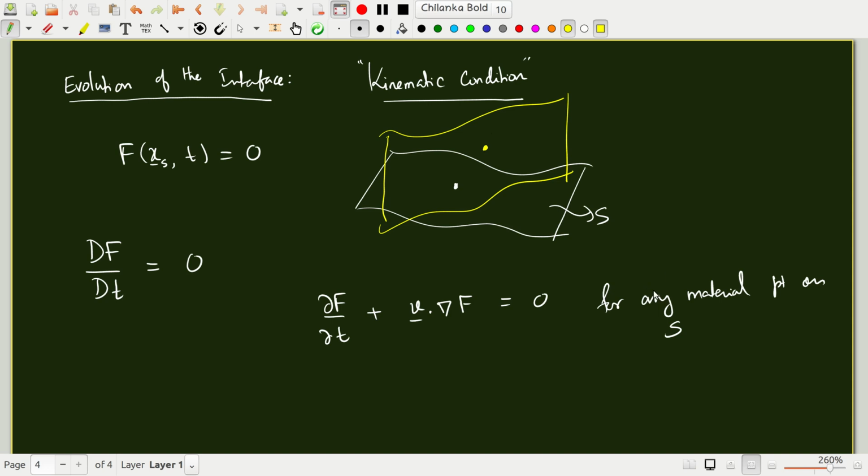And so for any material point on the interface, the substantial derivative of f is 0, or it just means that if you expand the substantial derivative, you know how to write it in terms of partials and the convective term. So this is what you will get.